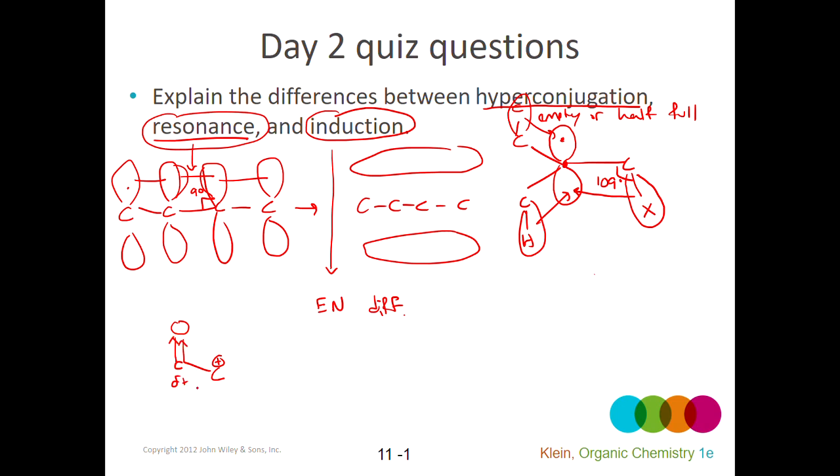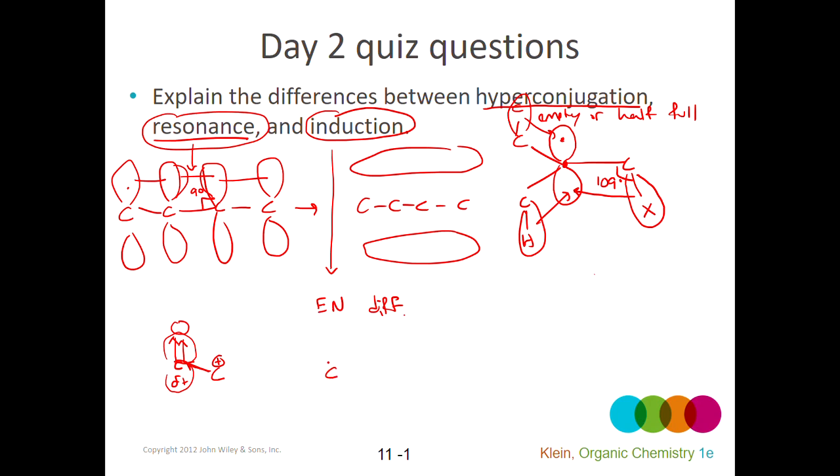So in this situation, the induction would make the carbocation less stable, would make it unstable, because the partial positive here, which is due to the electronegativity difference and this cloud of electrons shifting away from the carbon, that positive would attract electrons away from this carbon and make it even more positive. So it would only destabilize the carbocation further.